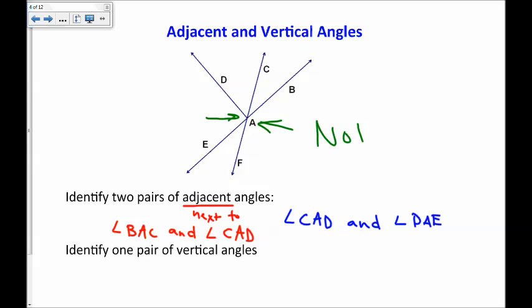These are not vertical angles because this is not a straight line.